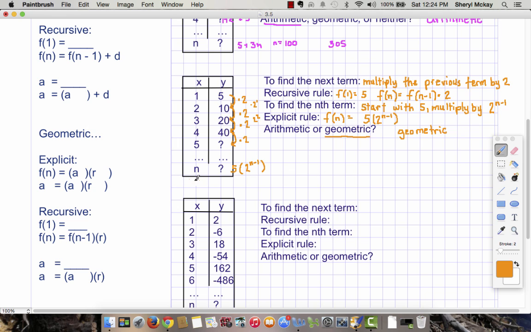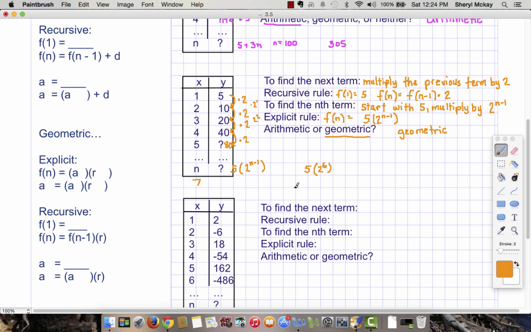And I realize that we didn't actually do this one. This would be 40 times 2 is 80, right? That would be 80. So if n is 7, then we would take 5 and multiply it by 2 to the n minus 1. So 7 minus 1 is 6, 2 to the 6th power.